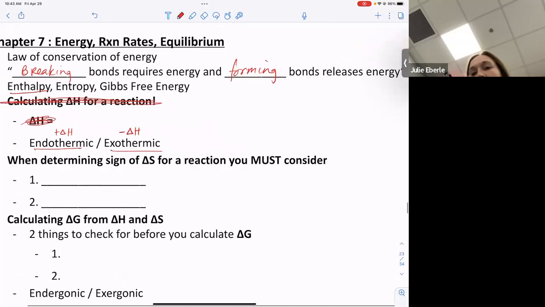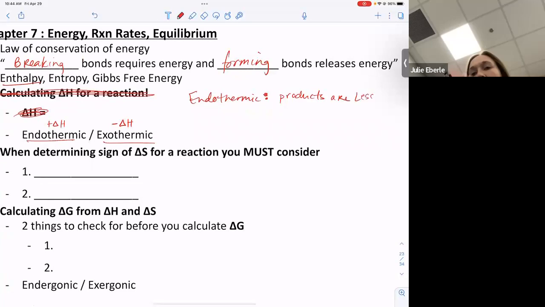Now I'm going to come over here in endothermic. If you're absorbing energy, let's pretend we are the chemical reaction. You have to view it from the viewpoint of the chemical reaction. If you're absorbing energy, are you left in a state that's more stable or less stable? Less stable. The more energy you absorb, the less stable you become. So the products here are less stable.